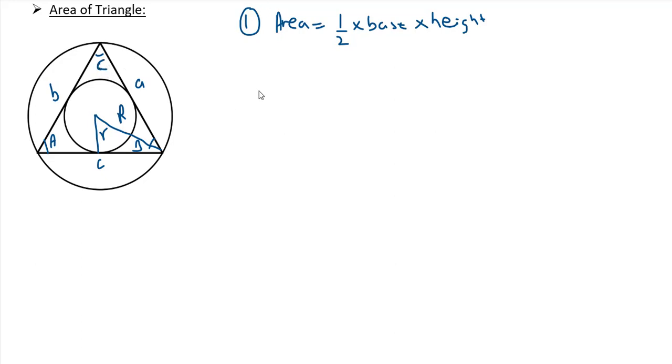Now the second formula for area is area equals half bc sine A. Let us understand the structure of this formula. This is the product of two sides and the sine of the included angle. So it is half bc sine A. It can also be written as half ab sine C, and it can also be written as half ac sine B.